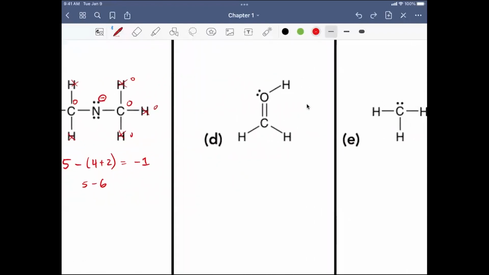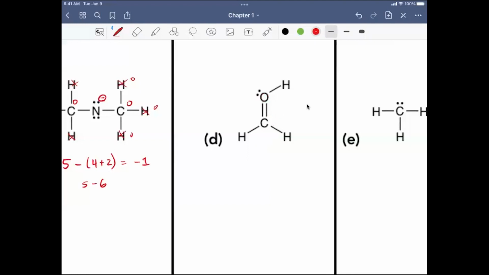Let's focus on this oxygen here. And why I'm only focusing on that, you might ask, because this carbon has 1, 2, 3, and a 4th bond here. That carbon has 4 bonds. We know that if a carbon has 4 bonds, its octet is filled. So that doesn't have a formal charge, but this oxygen might, right?